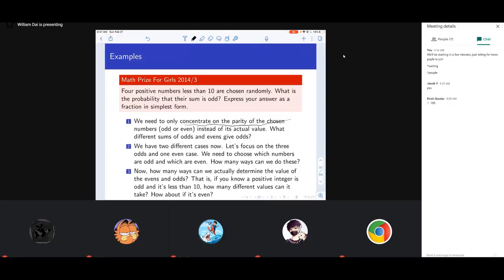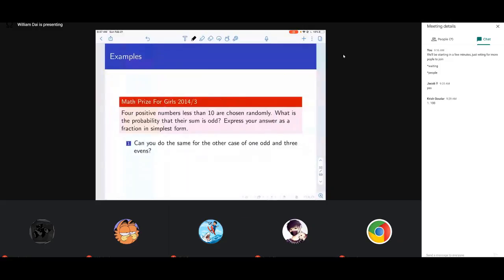So how many ways can we determine the values of the evens and odds? As I said before, we have 5 odds and 4 evens, and we do the same thing for the other case.